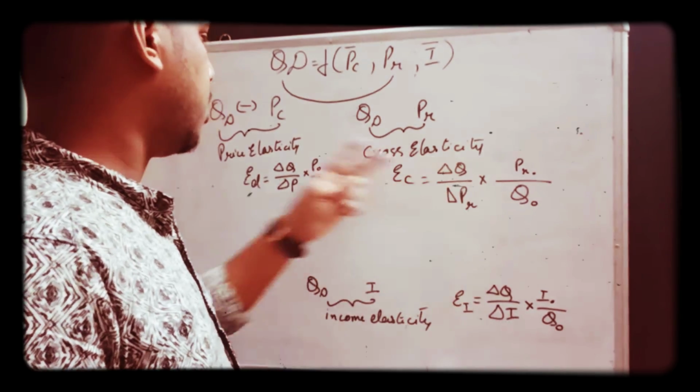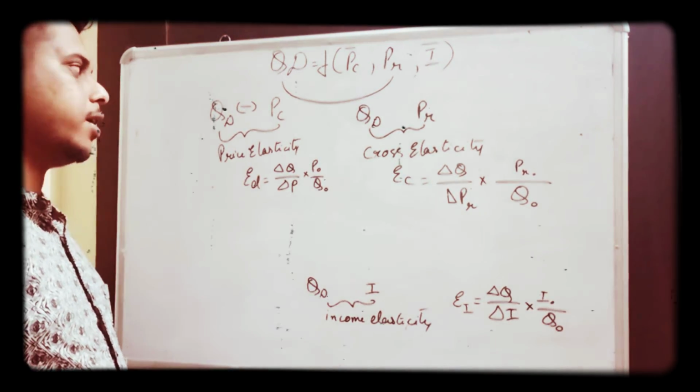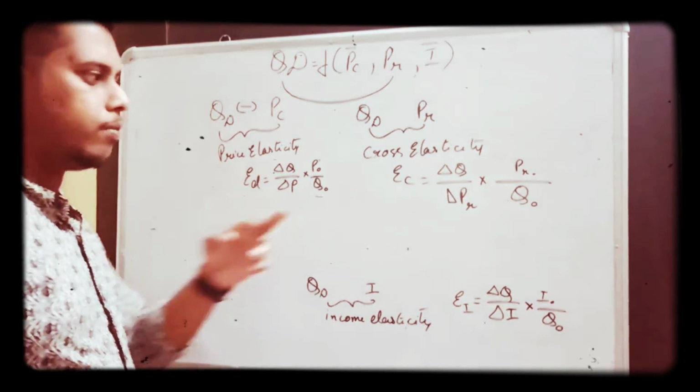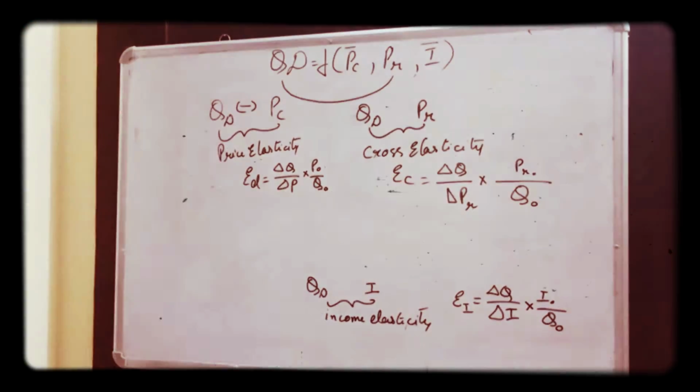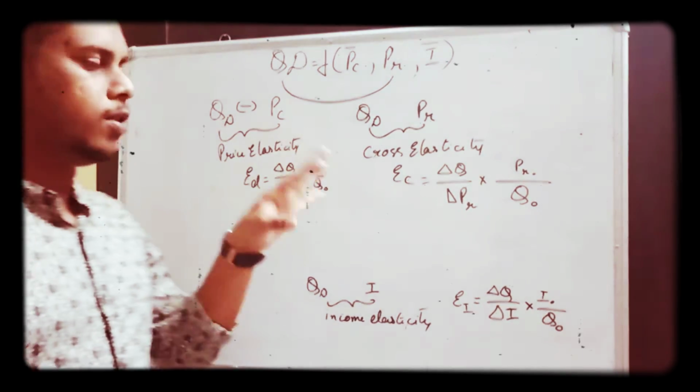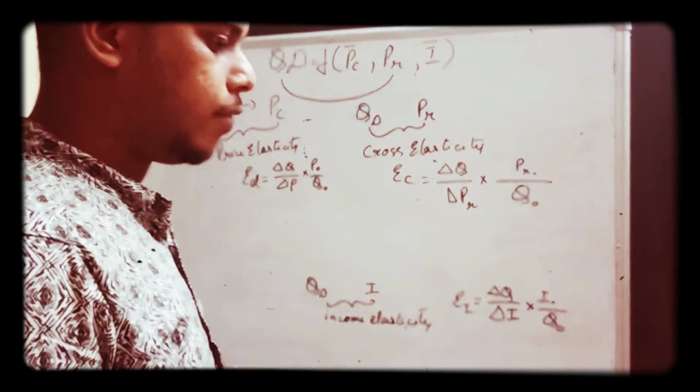So these three are the formulas for finding out price elasticity, cross elasticity, and income elasticity. So keep these formulas in mind. This will be very helpful.